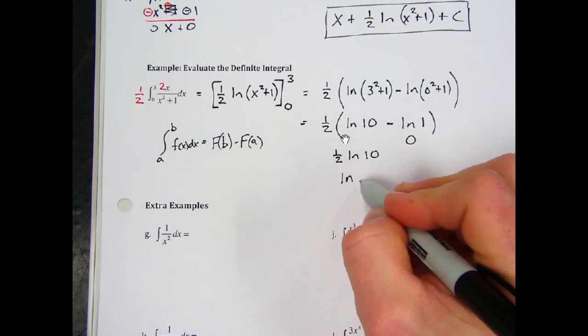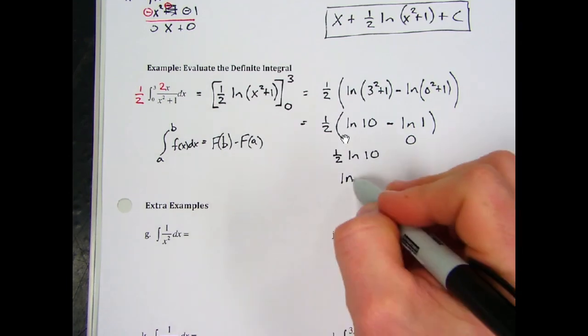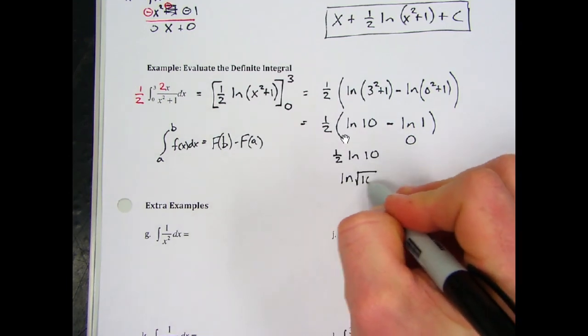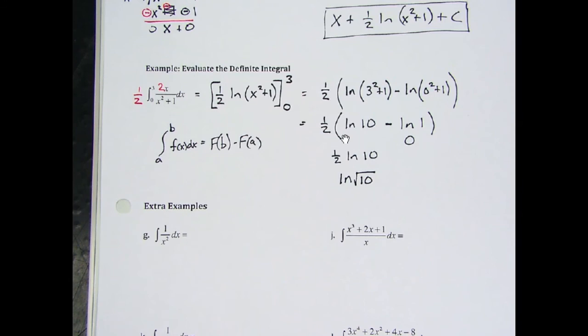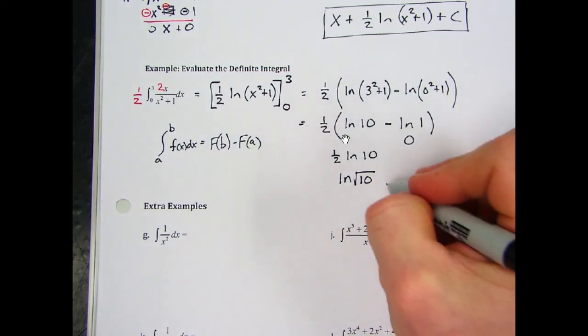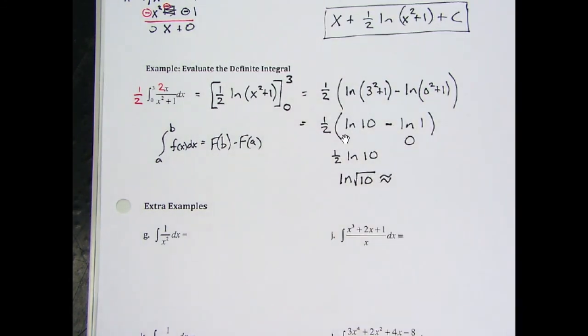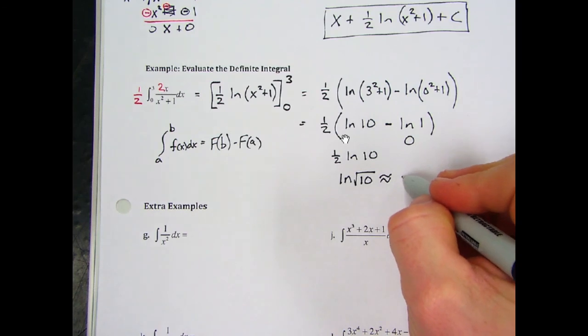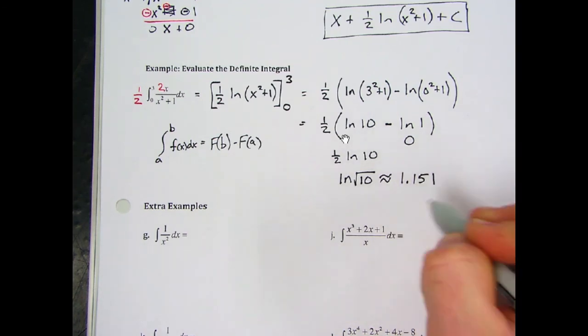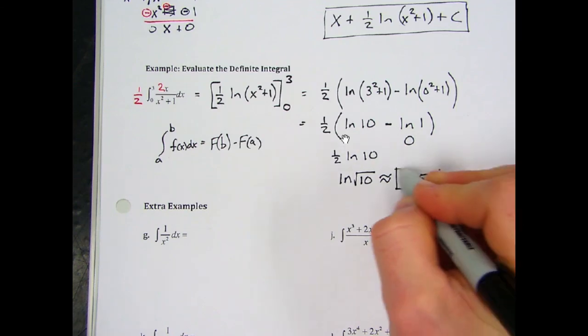Ten to the 1/2, which is root 10. Or we could put it into our calculator. That's cheating. It's a long way. Then we get 1.151.